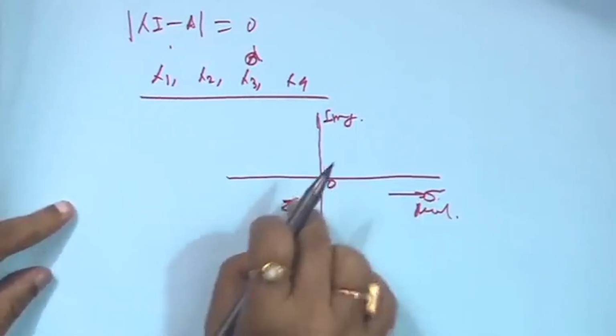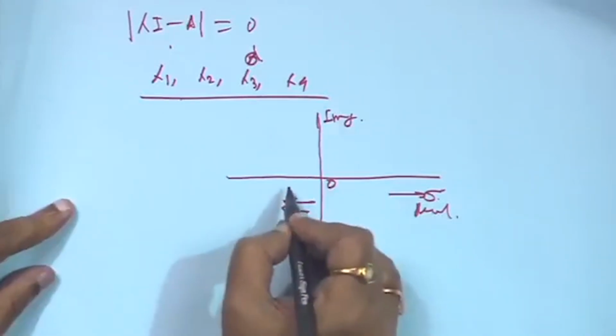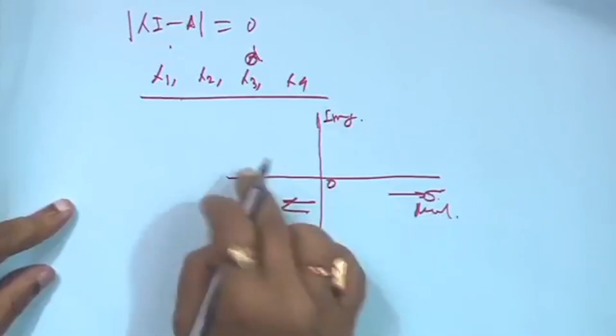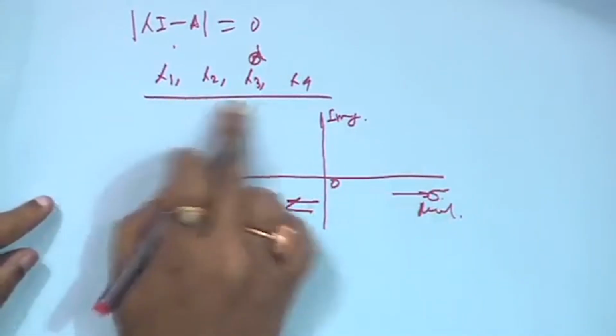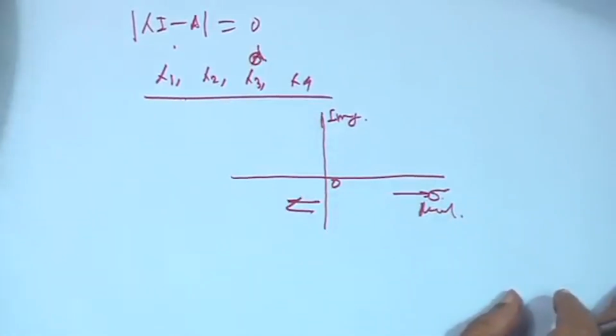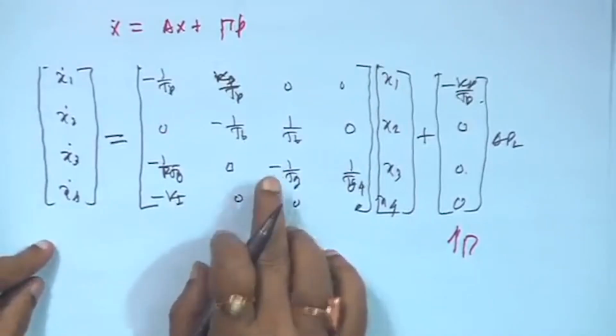For the stability of the system, the real parts of all these eigenvalues must be negative. If the system is stable, all are in the left half; if anyone goes to the right half of the S plane, the system is unstable. So, for this matrix, the real parts of all eigenvalues will be negative.